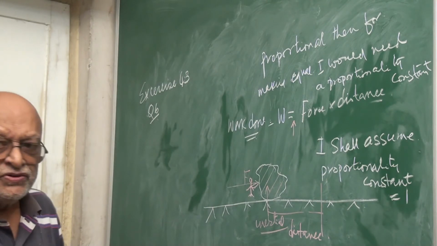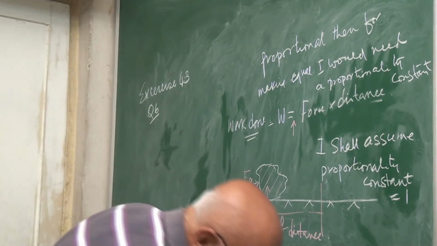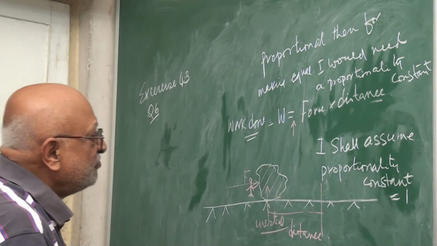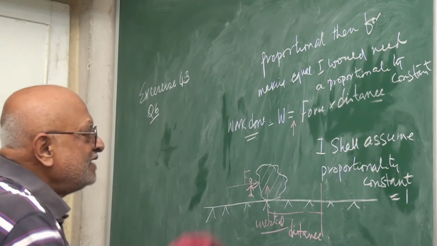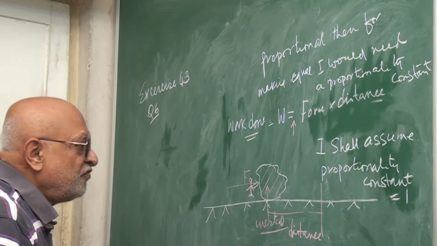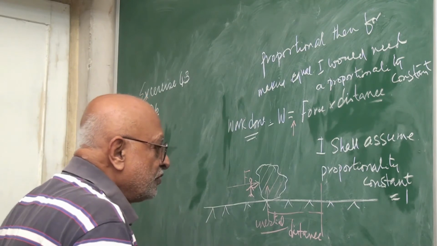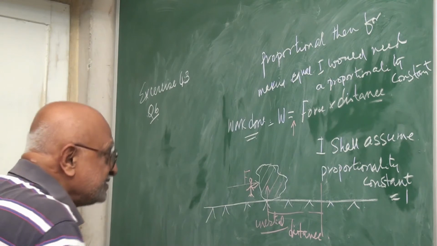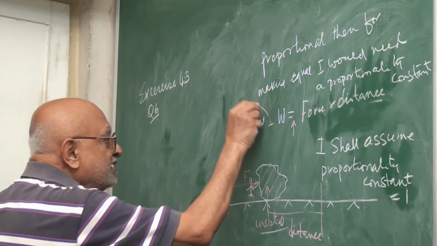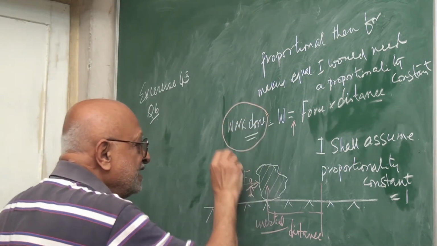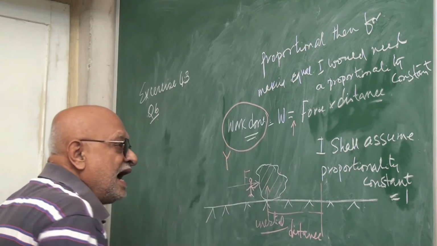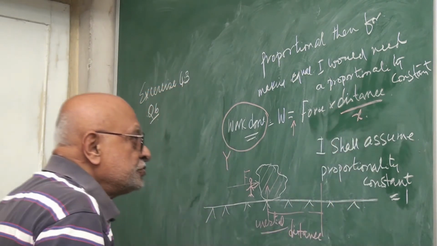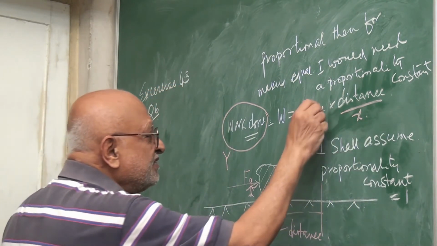So don't get confused with this kind of wording in a question. It says equal, so take the proportionality constant as 1 or ignore it and write work done is equal to force into distance. Now let us call this work done, which is the effect, y, and let us call this distance x. The force here is given as 5 units.